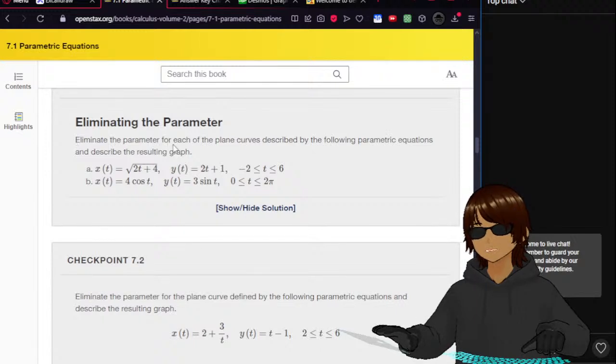Eliminate the parameter for each of the plane curves described by the following parametric equation and describe the resulting graph.